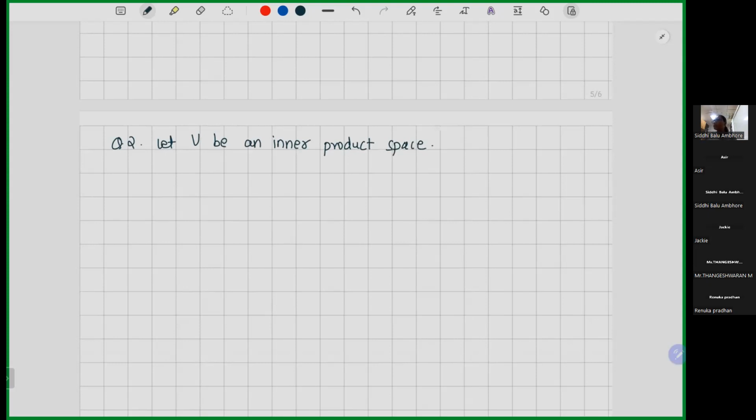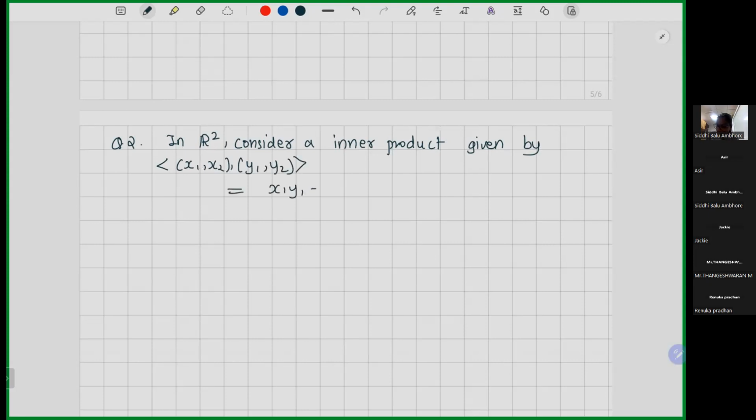In R^2, consider the inner product given by (x1, x2) comma (y1, y2), which is defined to be x1 y1 plus square root 3 x1 y2 plus square root 3 x2 y1 plus 3 x2 y2.